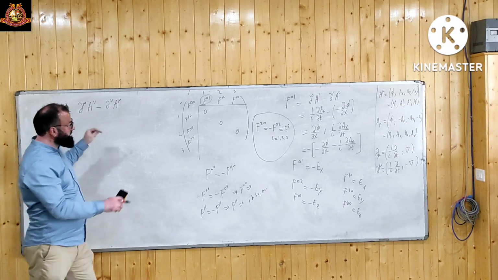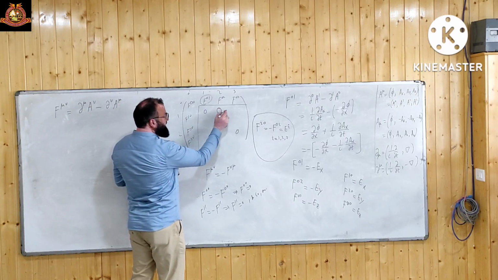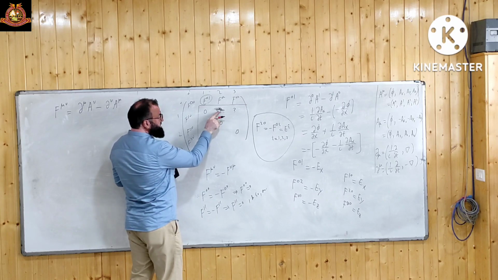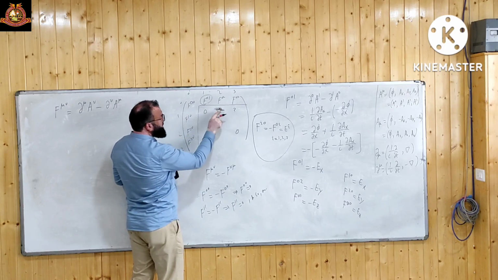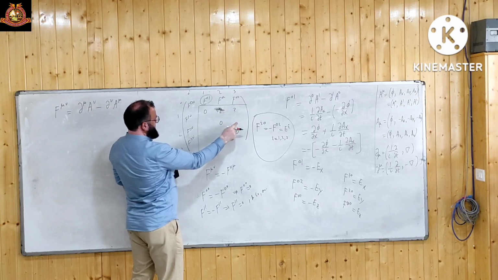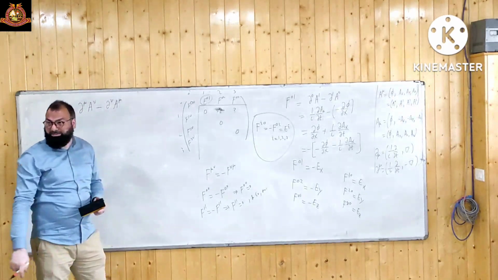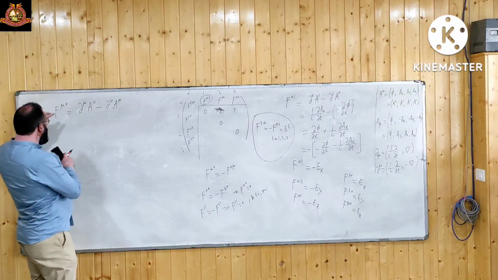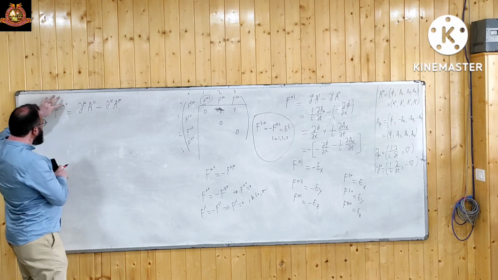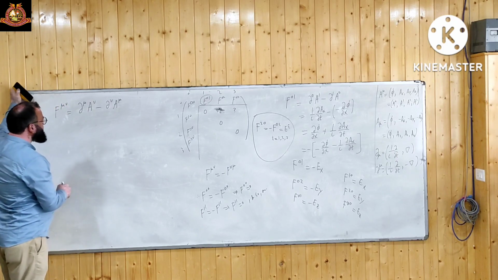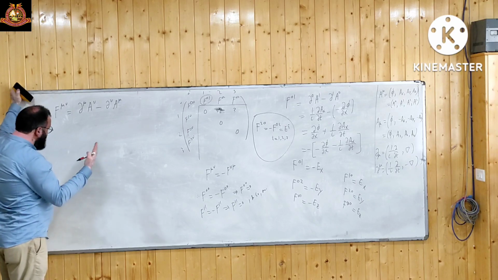Now what we need to figure out is those where both are spatial indices. So we have F12, F13 and F23. These are the elements. We need to figure out those components of F for which both mu and nu are spatial, indices 1, 2, 3.